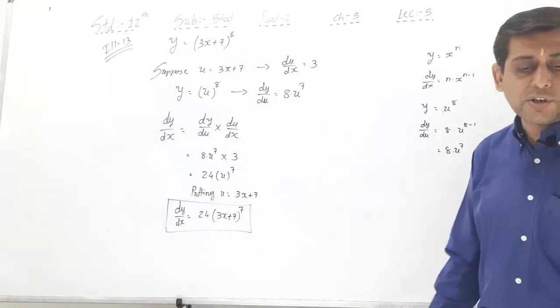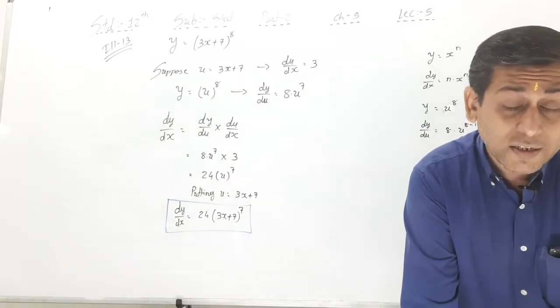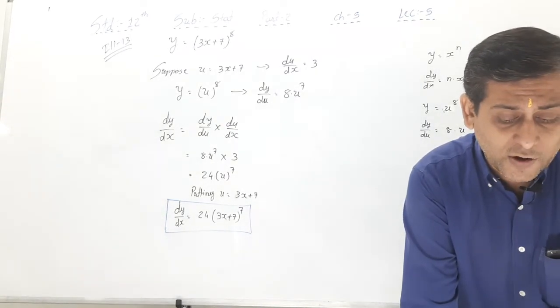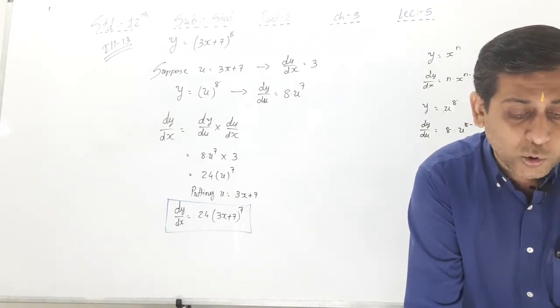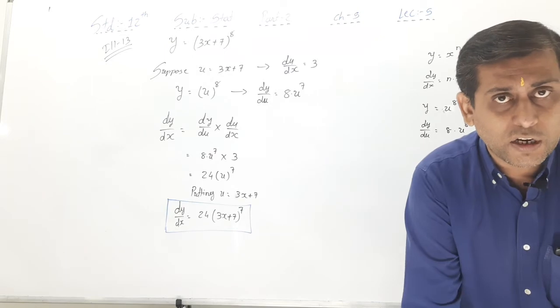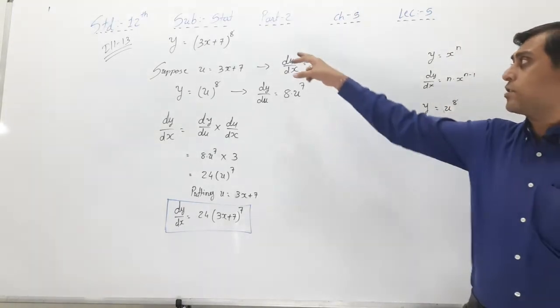Now the next illustration is again the chain rule, but the style of the question will change here. Find dy by dx if y is equal to root of x square plus 3. X square plus 3 is your u, and the root is the power.